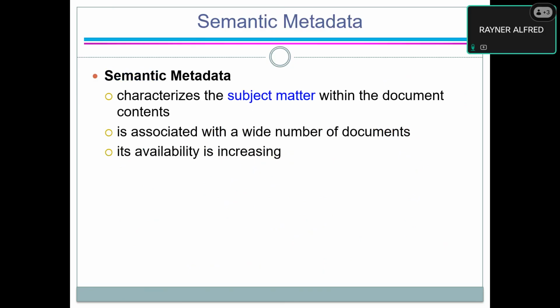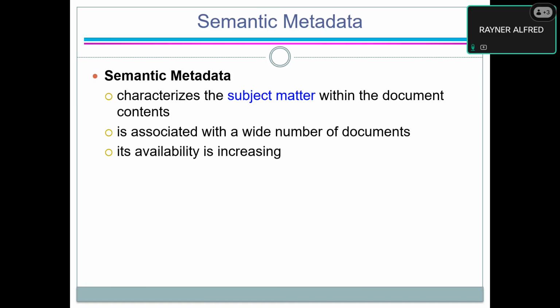Okay, so in order for us to store the information about the document, we need to have this semantic metadata in which it characterize the subject matter within the document content. So which means that we need to digitize or insert what is the content of the document.